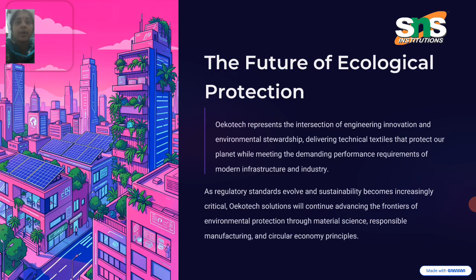Future of ecological products. Though we are using those standards to make products using Oeko Textiles, if we follow those standards, it leads to many good outcomes for us. Oekotech represents the intersection of engineering innovation and environmental stewardship, delivering technical textiles that protect our planet while meeting the demanding performance requirements of modern infrastructure and industry.